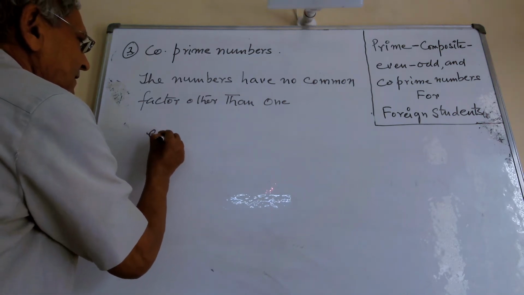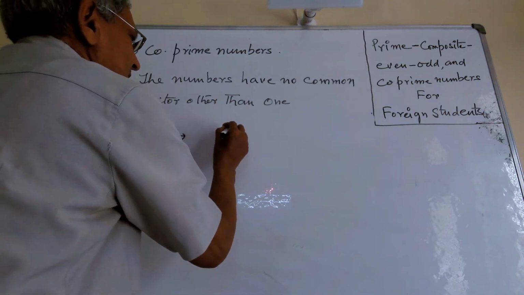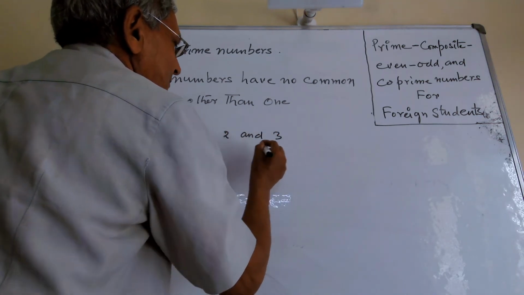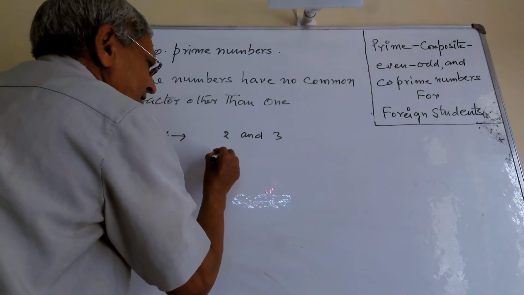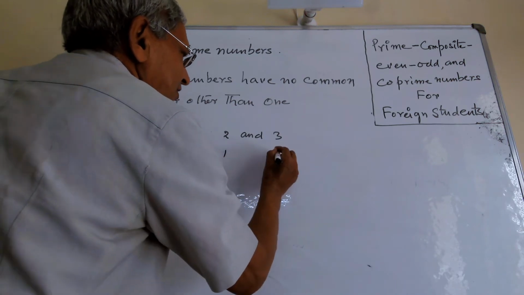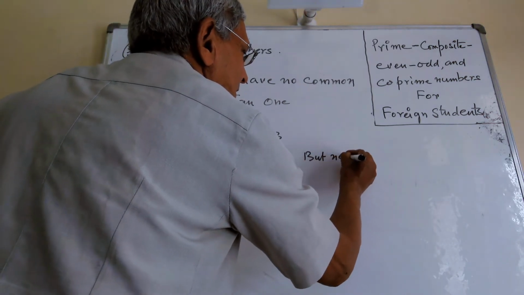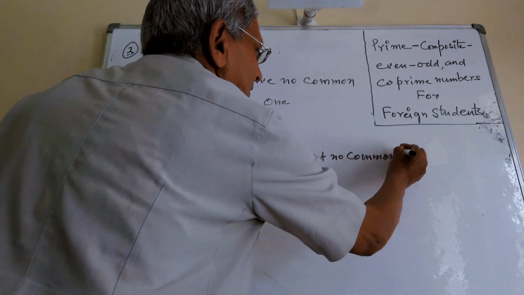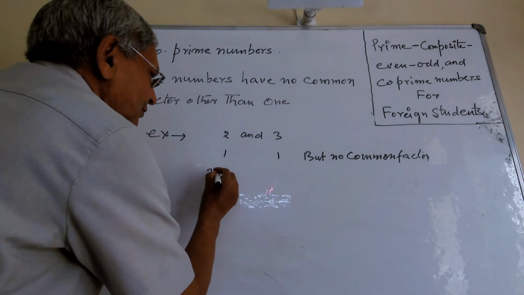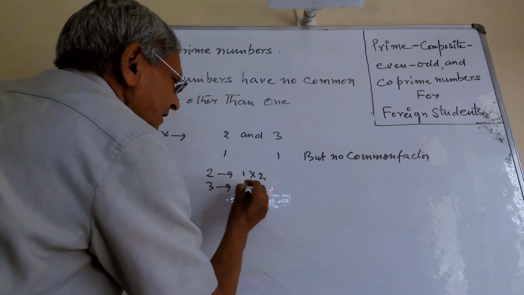Example. Here you see, my dear student, 2 and 3 are co-prime numbers because 2 has factors 1 and 2, and 3 has factors 1 and 3, but no common factor other than 1.